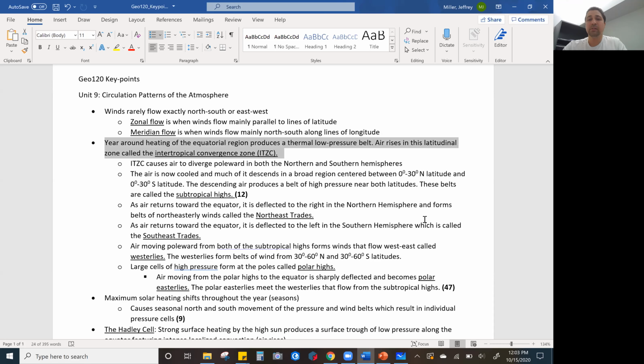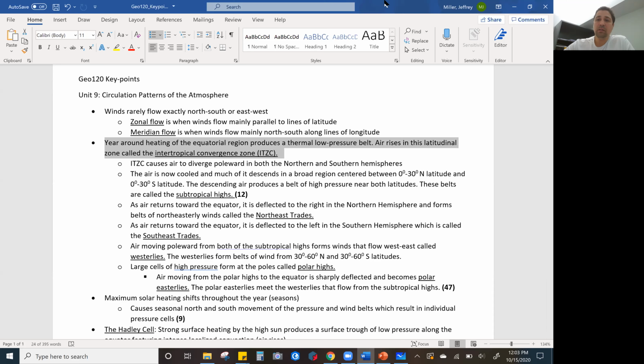This produces what's called a thermal low pressure belt. In this belt, the air rises, because we know that warmer air is lighter and ascends. We call this zone the Intertropical Convergence Zone, or ITCZ. ITCZ is going to come up frequently throughout this course.